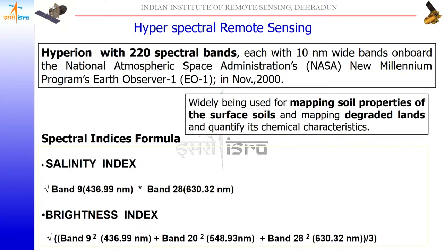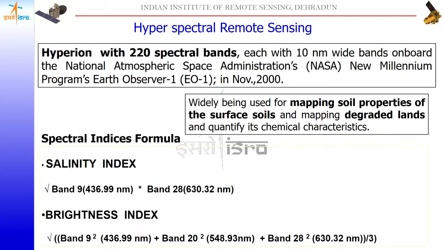Today in the world, Italy, Australia, Germany, many countries are going to launch hyperspectral remote sensing satellites, so that they will provide a lot of spectral data.